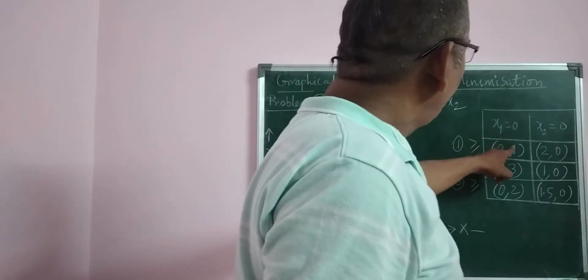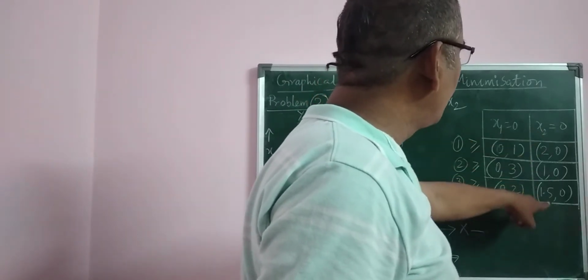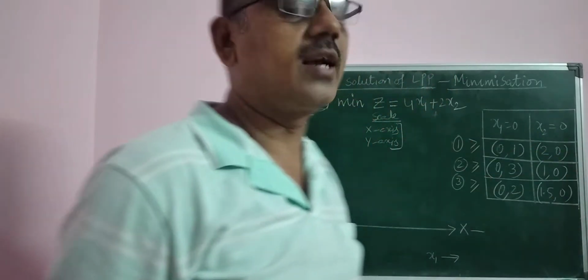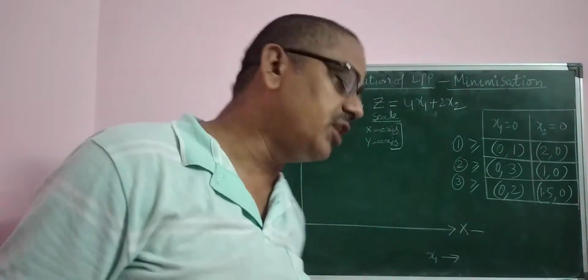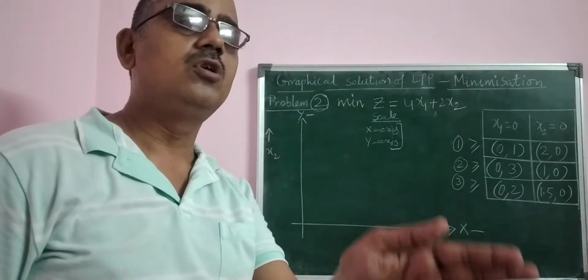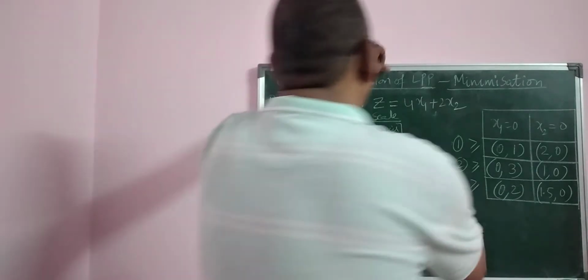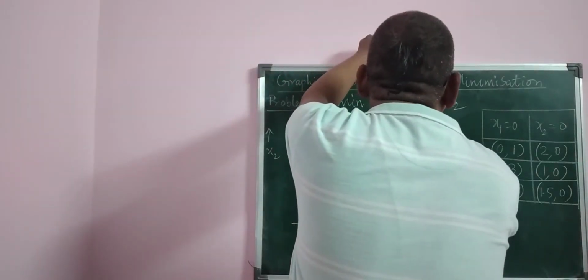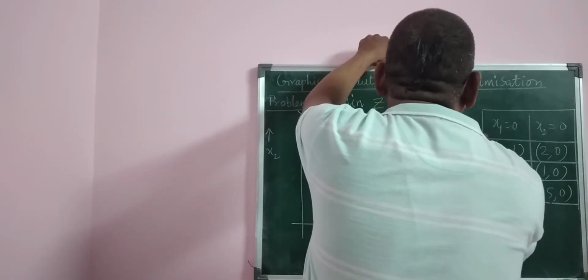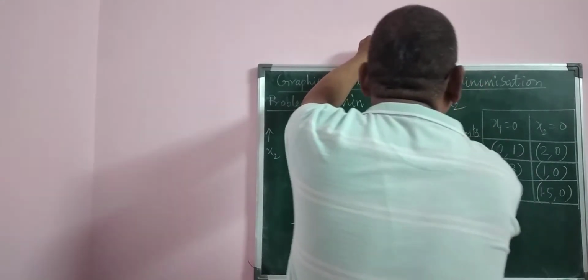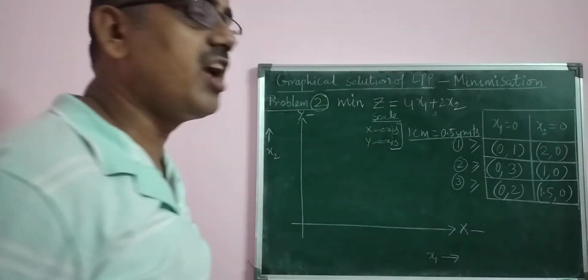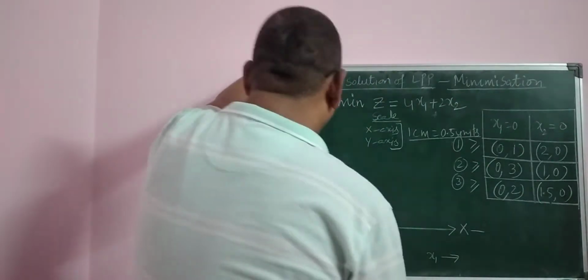On the y-axis, 3 is the maximum value; on the x-axis, 2 is the maximum value. So you consider 0.5, 1, 1.5, 2, 2.5, etc., which means I am considering 1 centimeter equal to 0.5 units. This is the scale I am considering in both axes.